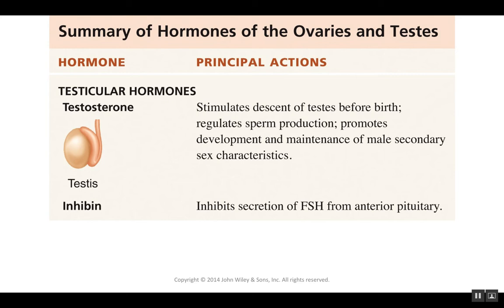For testes, they produce two hormones, testosterone and also inhibin. And again, we're going to talk more about these hormones at the end of the semester, but for now we should know that the testes produce these two hormones and they are involved in the male reproductive system.